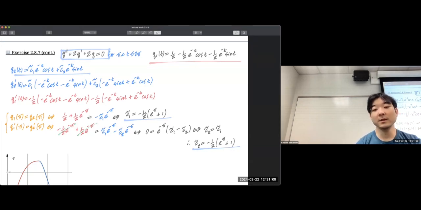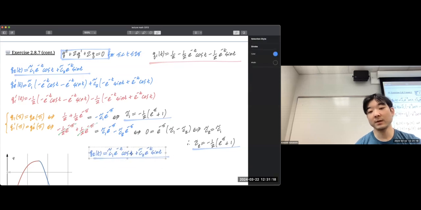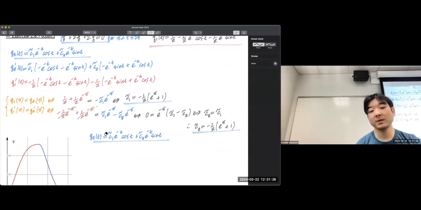So we have our C1 tilde and C2 tilde, so we can go all the way back to our solution, which is this right here, with the C1 tilde and C2 tilde plugged in. The C1 tilde and C2 tilde are the same. So this would essentially be like this, -1/2 e to the pi plus 1.